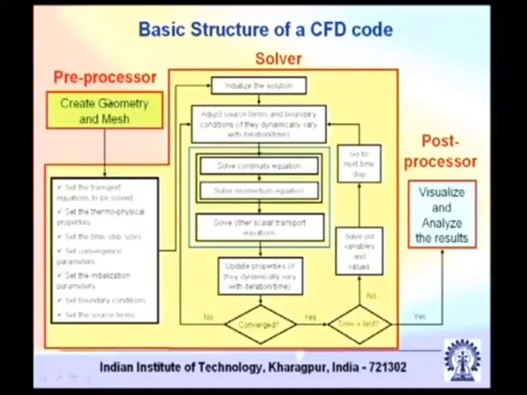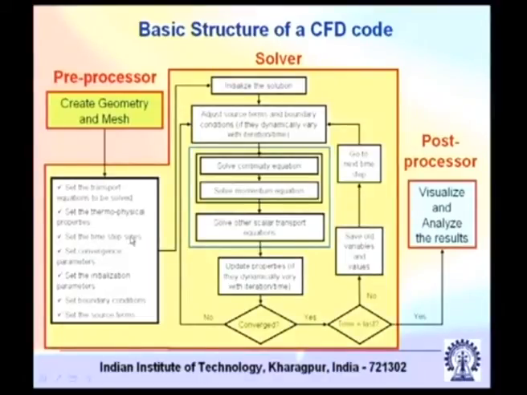One of the important functionalities is to create a geometry and a mesh for solving a problem. We will go through one or two examples to illustrate that, but then what you need to do, you need to set the transport equations that need to be solved, because the code does not know which equations you need to solve. So you have to specify which equations you need to solve, set the thermophysical properties, if it is an unsteady problem, set the time step sizes.